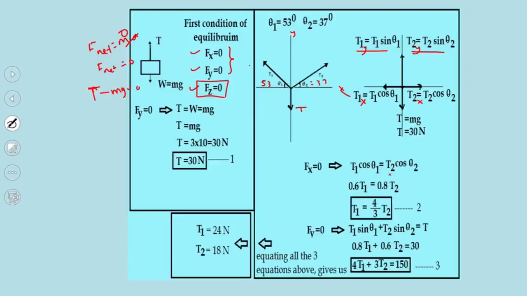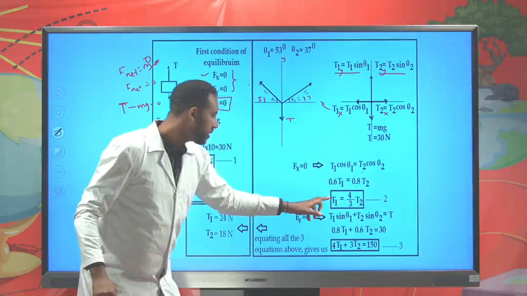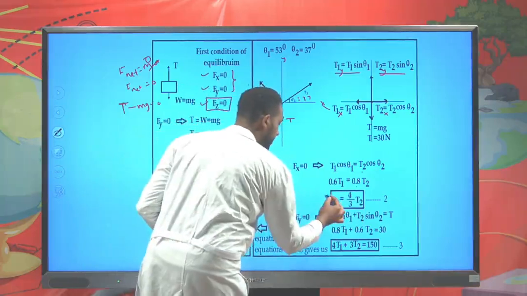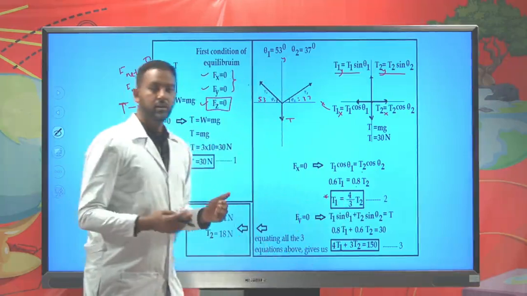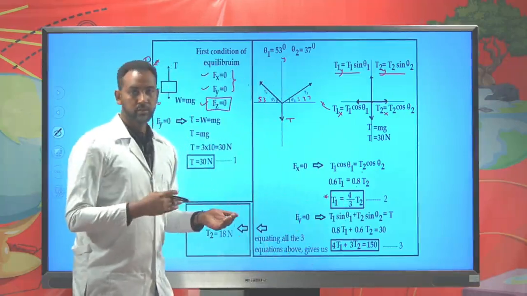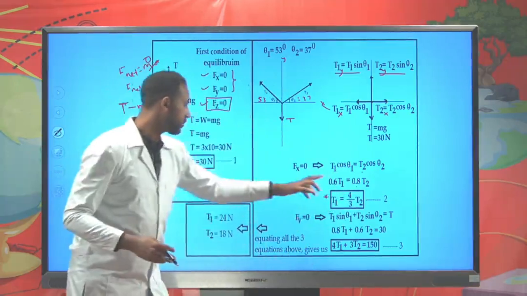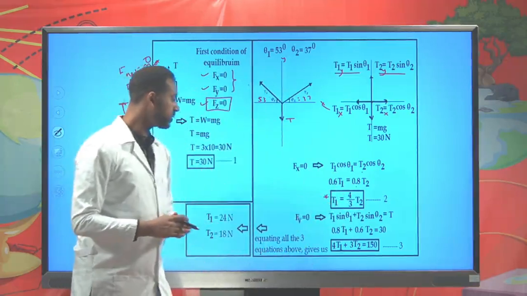Theta 1 is 53 degrees. Cos 53 is given to be 0.6 and cos 37 is given to be 0.8. So we can rearrange and find an expression between tension 1 and tension 2: T1 can be expressed in terms of T2 as 4 over 3 T2.